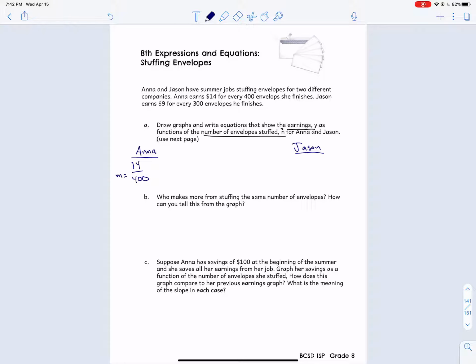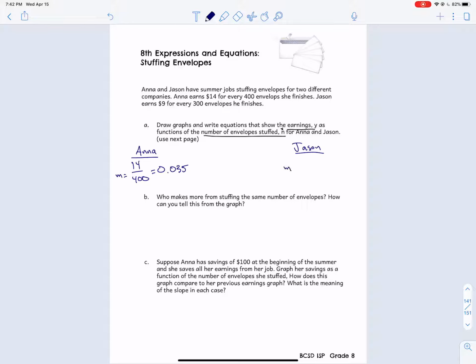We're just going to divide, so we'll get a decimal. 14 divided by 400 is 0.035. And that's dollars per envelope. So that's just 3.5 cents per envelope.